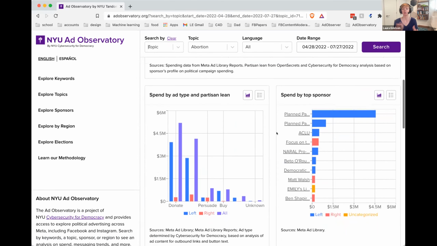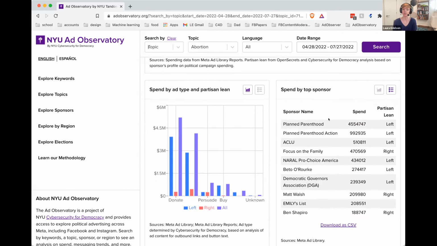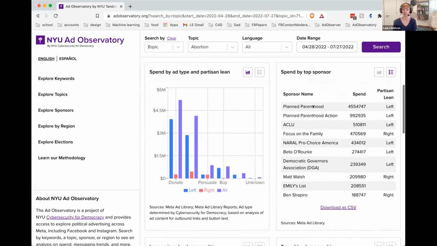And when we look at this issue nationwide, it's a slightly different picture than it is in Kansas, where there was a specific ballot measure up for a vote. Nationally, we see a lot of advertising by Planned Parenthood, and they're definitely doing some fundraising and some list building on this abortion topic.